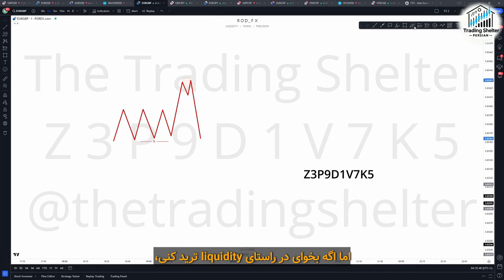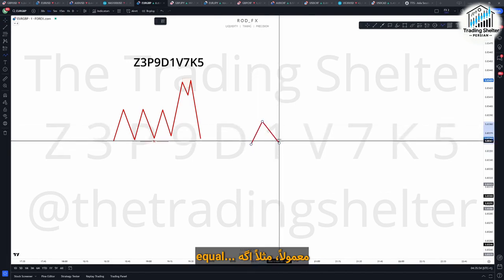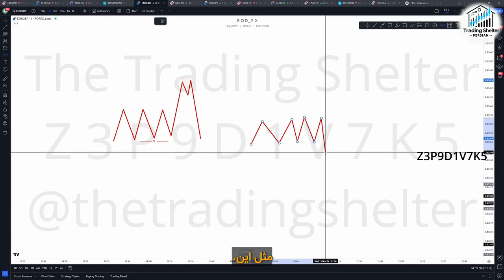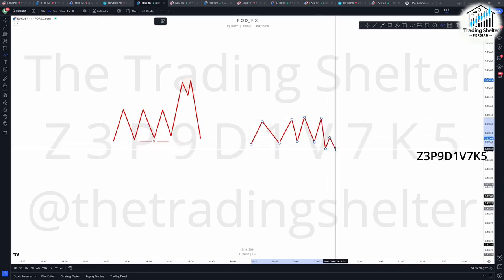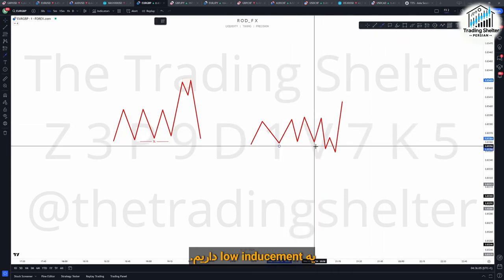But also, if you want to trade in line with the liquidity, usually, if, for example, you have equal lows like this, it induces low. Here we go.